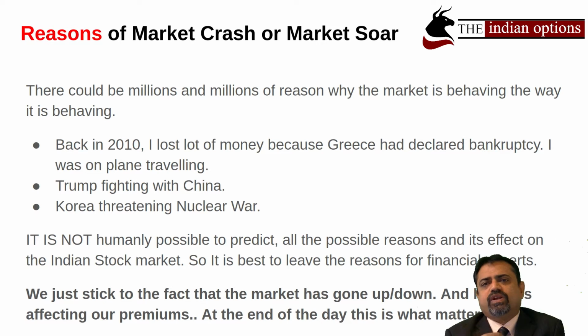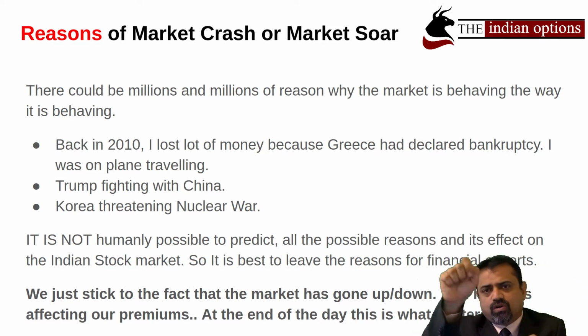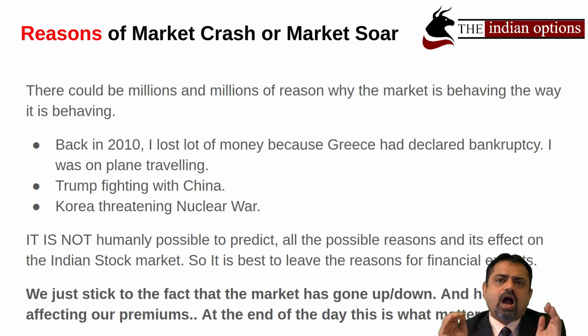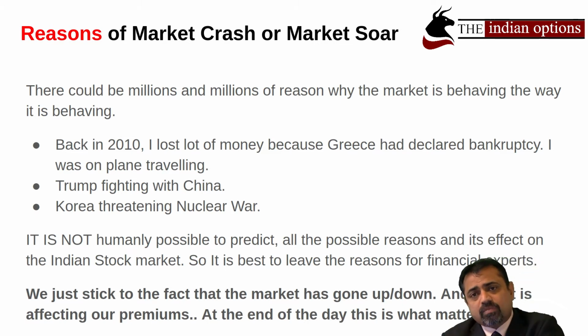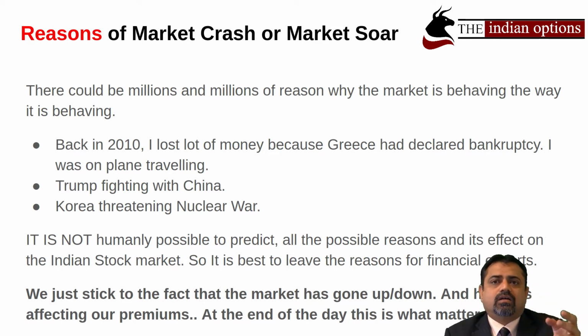Even if you have very good technical knowledge and you're making very good graphs and this and that, how good is that knowledge? We have to focus only on our trade. It's not humanly possible to understand all the reasons and go through them one by one and then say, okay, if this has happened, then probably this will happen.